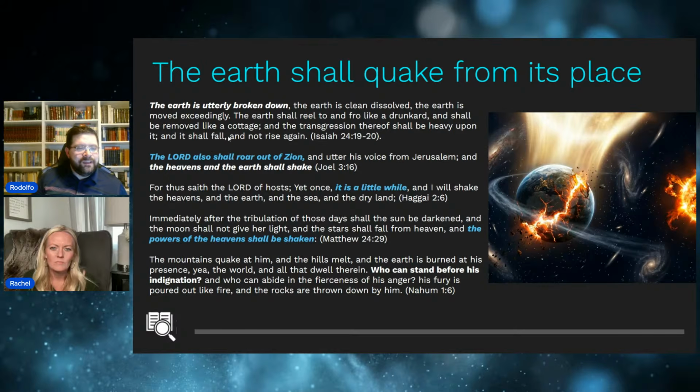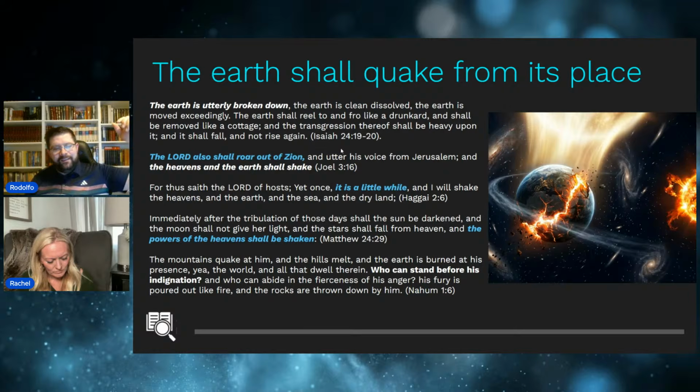It shall remove like a cottage, and the transgression thereof shall be heavy upon it, and it shall fall and not rise again. You can parallel here to the great and spacious building. God is going to bring their fall, and it's something you cannot rebuild.